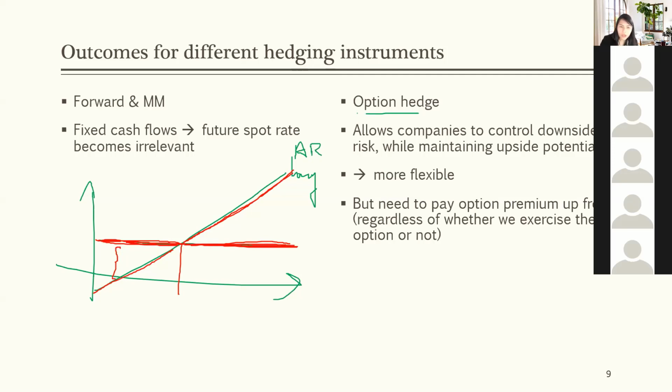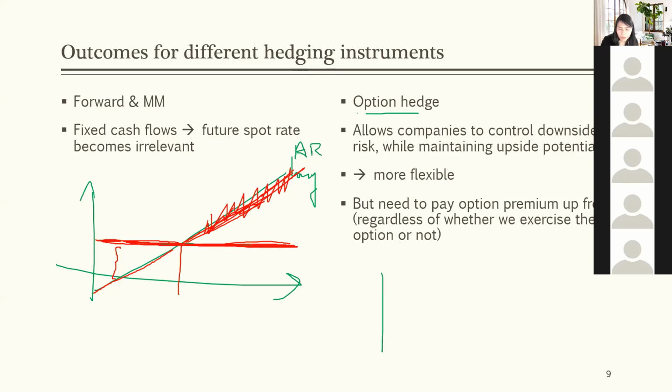Okay, so even though the forward contract eliminates any exchange rate risk, so you reduce the uncertainty of your position, it's a little bit inflexible in the sense that it limits your upside potential as well. Okay, so you're not entitled to this.